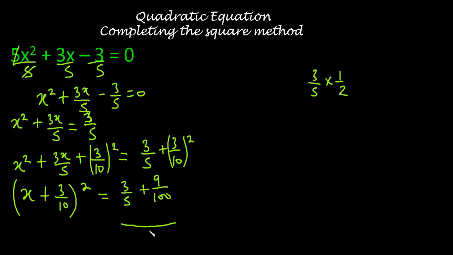So we take a look at the LCM. 100 divided by 5 is what? 20. 20 times 3 is what? 60. Plus 100 divided by 100 is 1, times 9 is 9. So let me clean up this place.